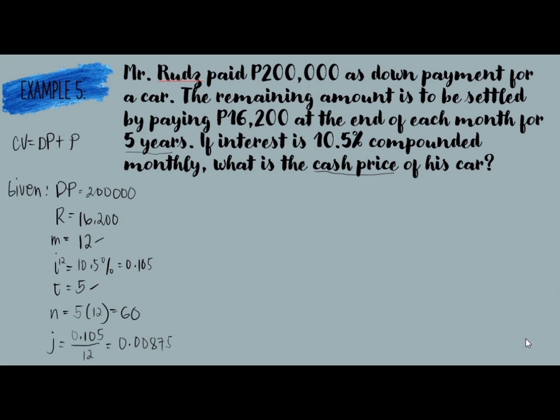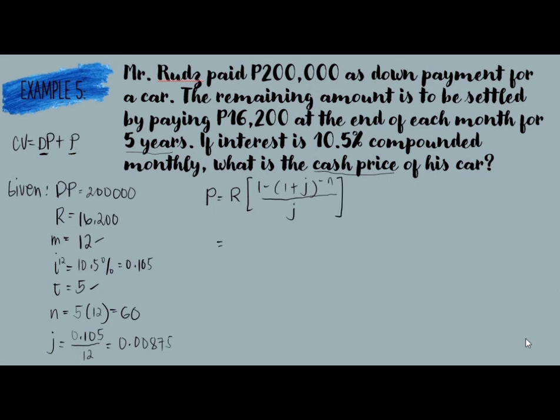Okay, so now, compute natin yung present value. Kasi meron na tayong given dito na down payment, yung P na lang ang nawawala. So, formula for the principal is regular payment times 1 minus the quantity of 1 plus j raised to negative n over j. Okay.